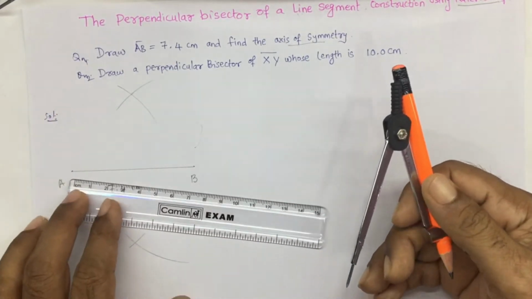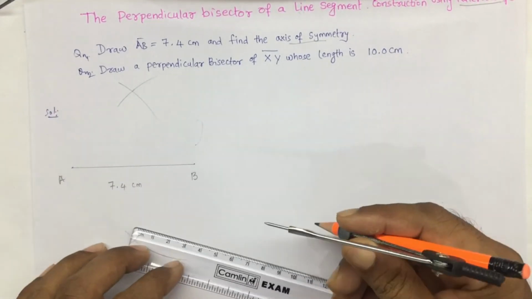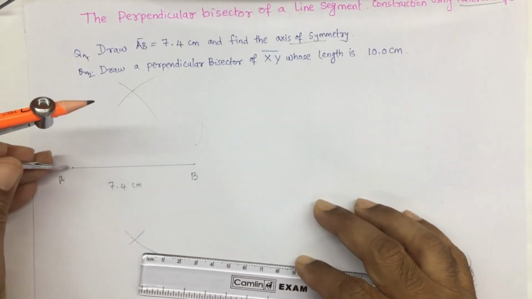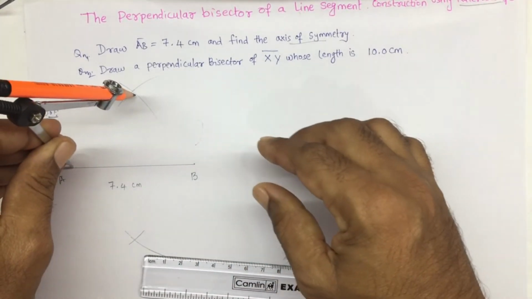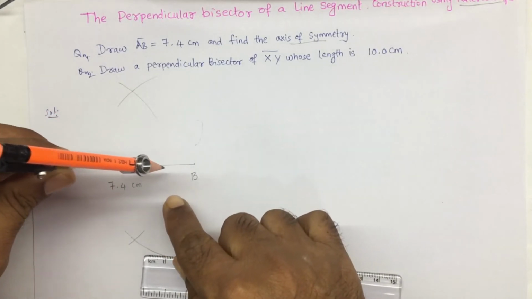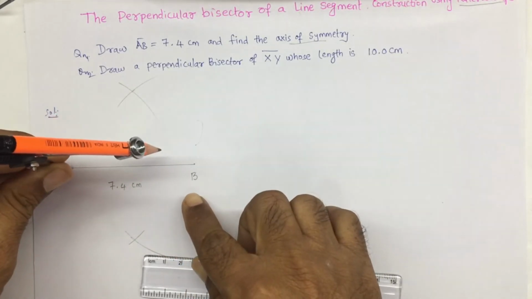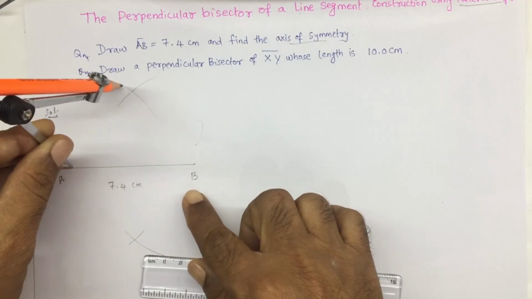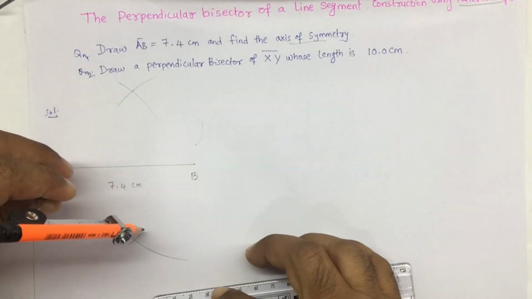Let us see here, 7.4 centimeters we have already drawn, and as we have seen, you can take more than half of that line segment. You can draw an arc on either side of the AB line segment.